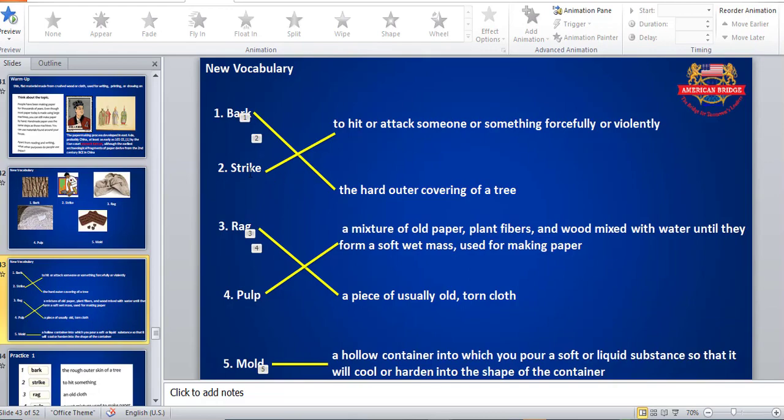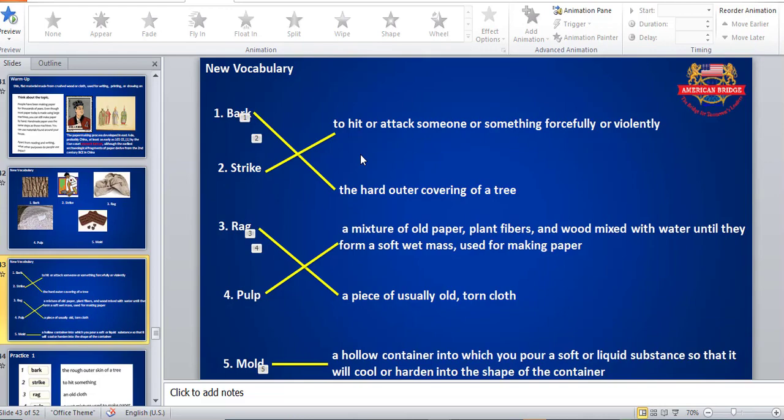The word strike means to hit or attack someone or something forcefully or violently. Rack means a piece of usually old torn clothes. Pulp means a mixture of old paper, plant fibers, and wood, mixed with water until they form a soft wet mass used for making paper.